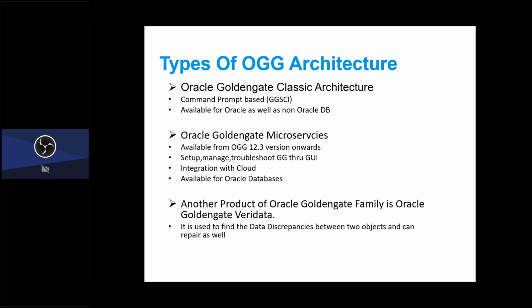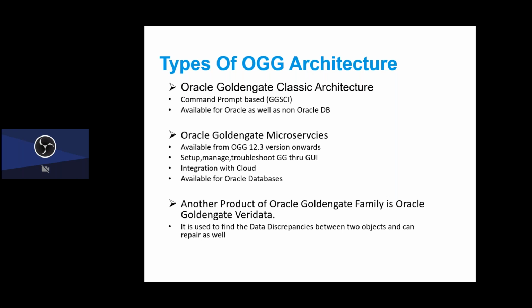So, classic architecture, as I mentioned, has been available since the beginning, and still it is existent. It's not like it is not existing right now. It is still there, and most of it, around 80% if you ask me, as per Oracle data released last time, 80% were using it around 1.5 years ago. So I would say most of the organizations are still using classic. So around 75% would still be using classic.